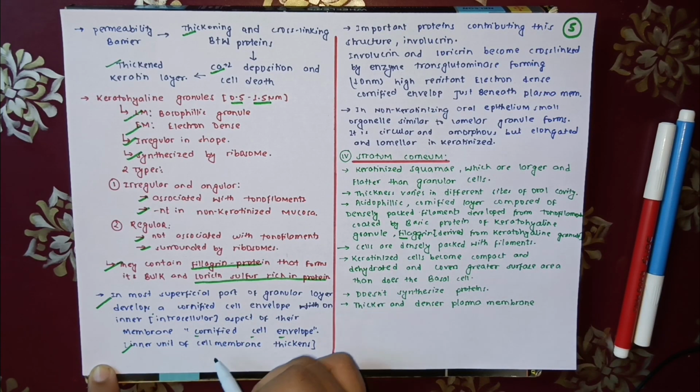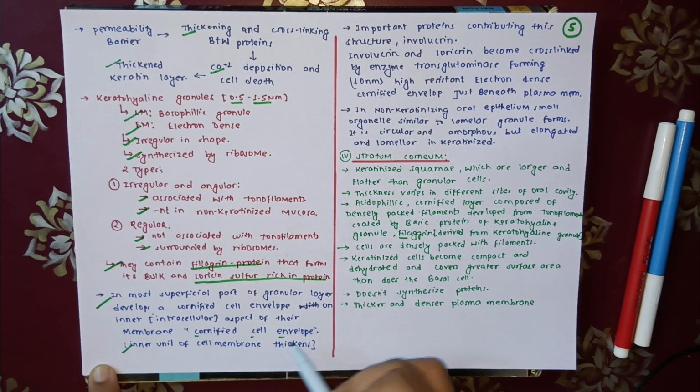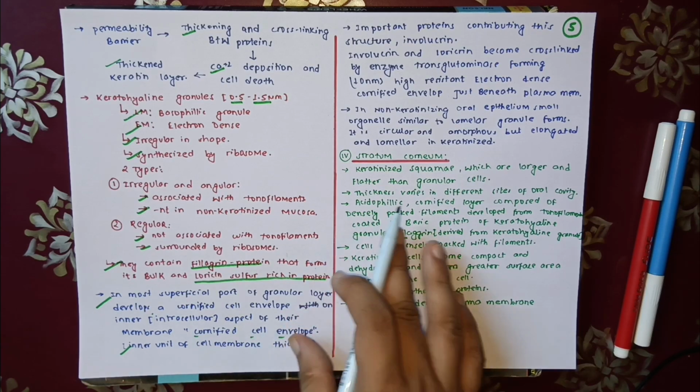They form an envelope-like structure, and the inner or intracellular aspect of the membrane becomes cornified and thickened. So they are called the cornified cell envelope, and this is an MCQ question.